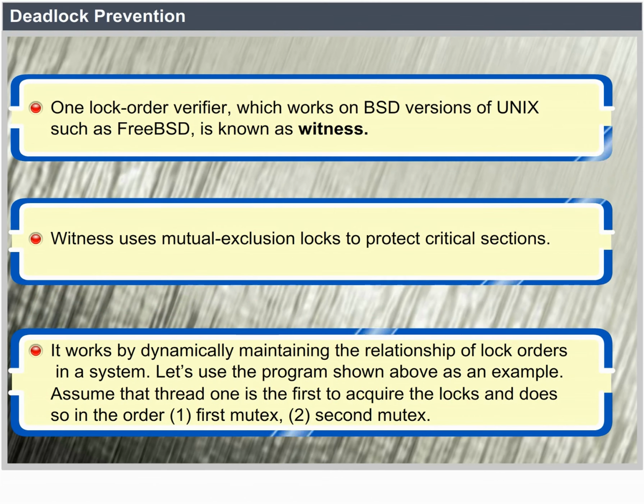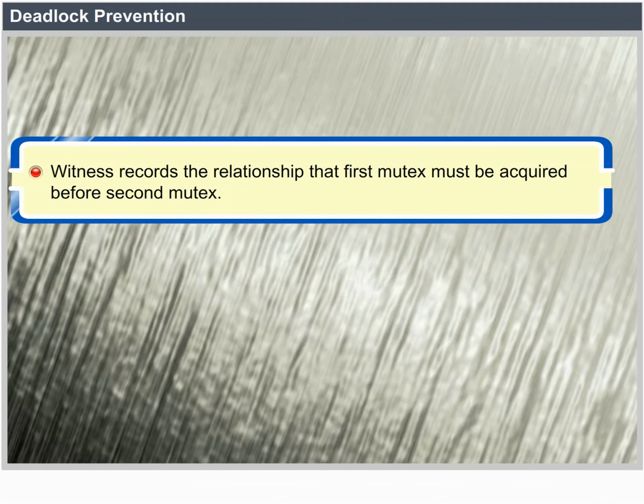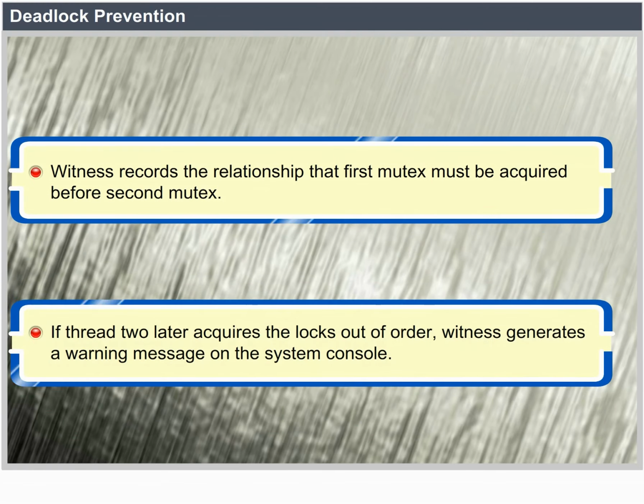Assume that thread 1 is the first to acquire the locks and does so in the order 1. first_mutex, 2. second_mutex. Witness records the relationship that first_mutex must be acquired before second_mutex. If thread 2 later acquires the locks out of order, witness generates a warning message on the system console.